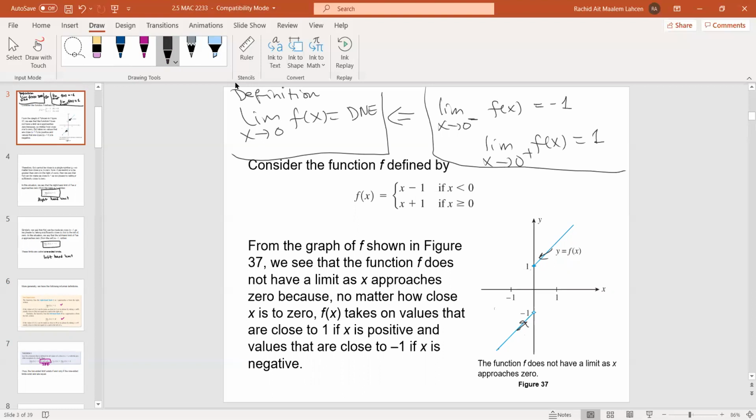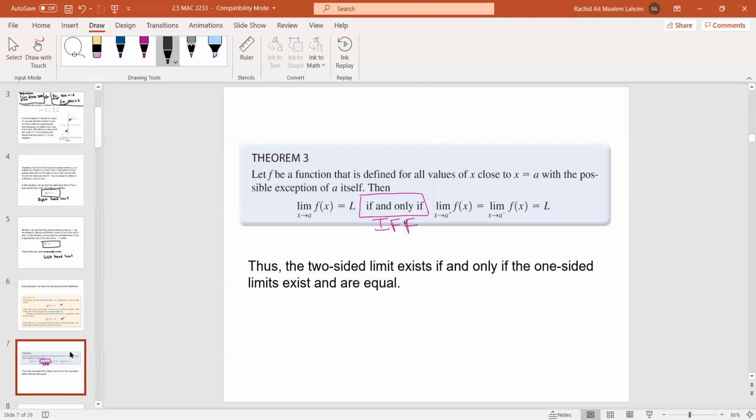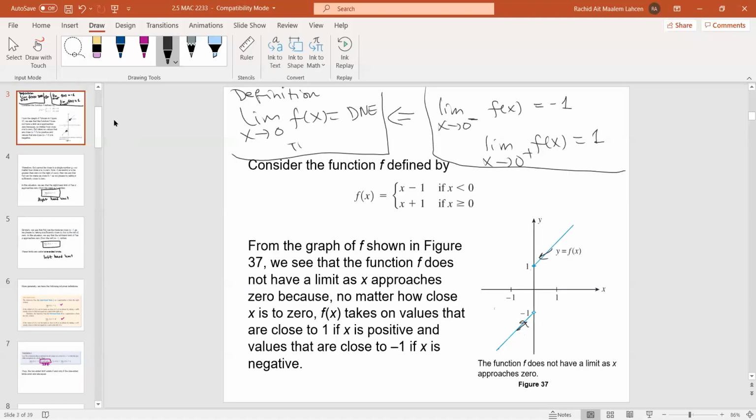Why? Because the right-hand limit and the left-hand limit are not equal. We're using theorem 3. I called it a definition, but it is theorem 3, if we want to be consistent with the numbering.